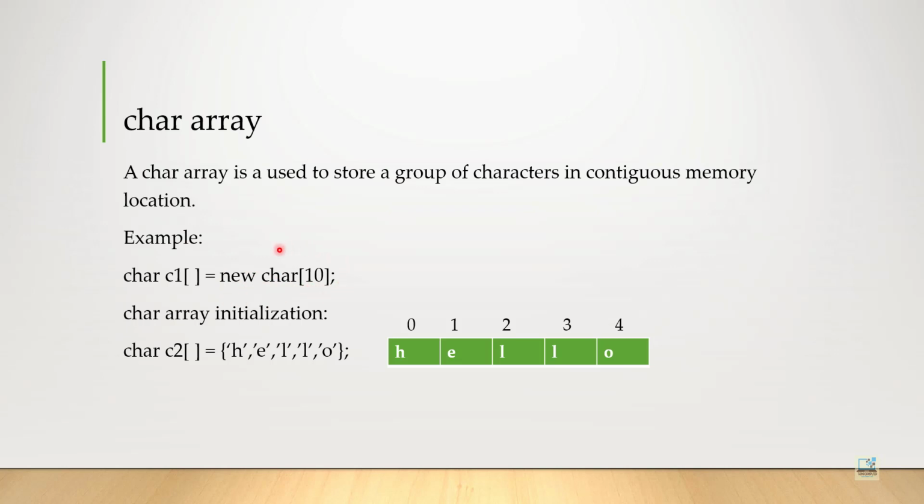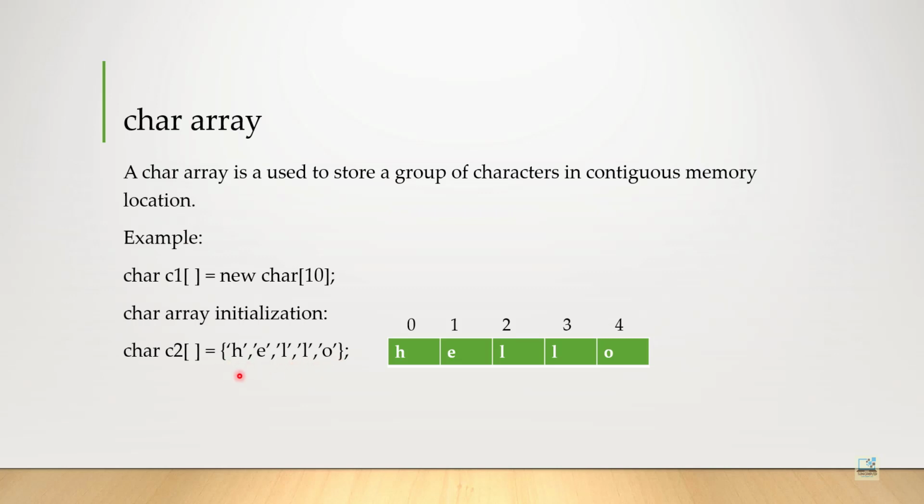The computer will allocate memory for 10 characters using the new operator and that memory will be given to the variable C1. Now in case you want to initialize the same array or declare another array and initialize it, it is written as follows. char C2[] = {'H','E','L','L','O'}; with the character values written within single quotes, comma separated.